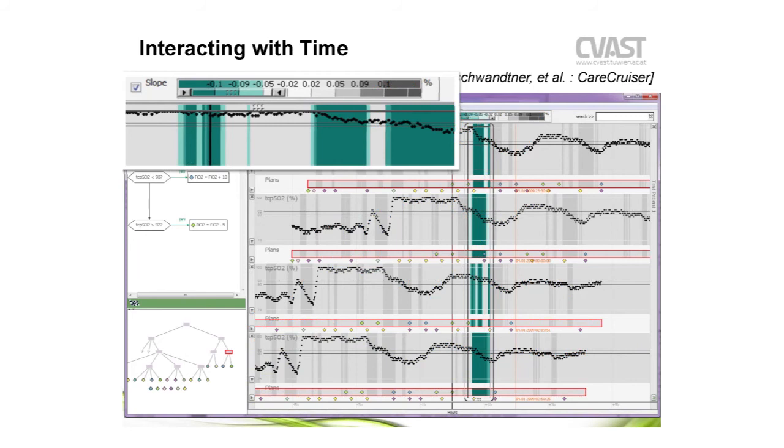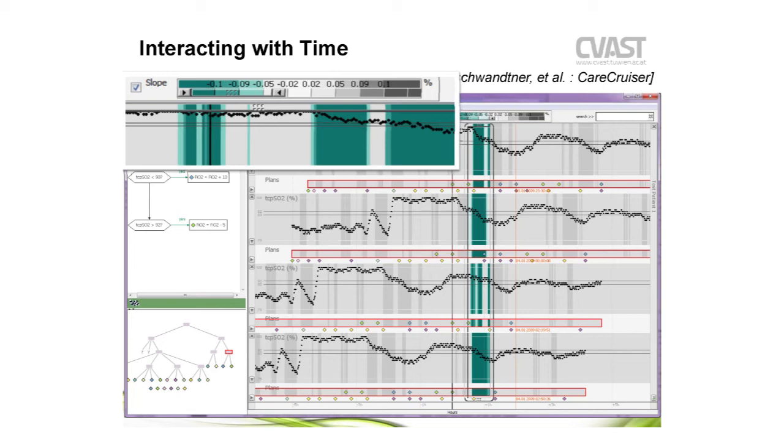And one idea to handle this is another project where we want to interact with time, where we combine clinical guidelines of patients, which are shown here. And here you see the hierarchy and how the different patients are behaving. These are one parameter. And here you see different kinds of actions.